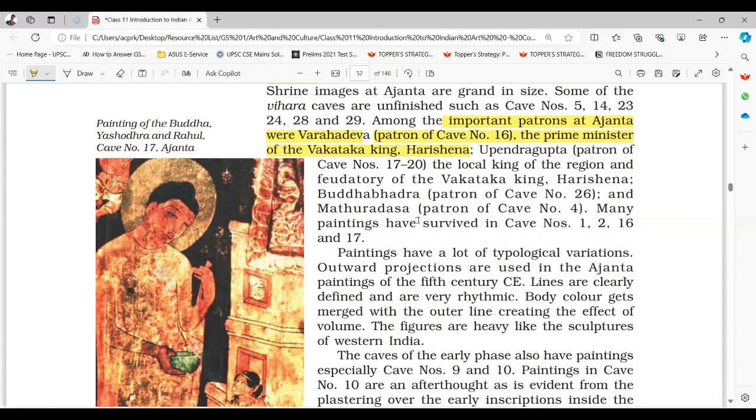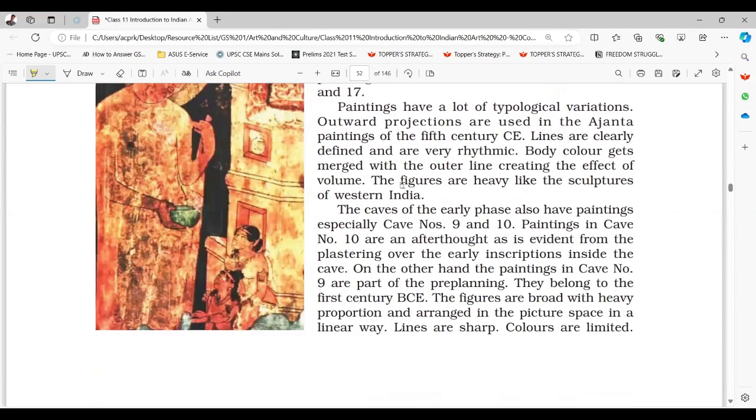Many paintings have survived in cave numbers 1 to 2, 16 and 17. Paintings have a lot of typological variations.